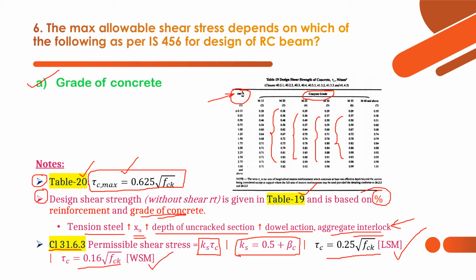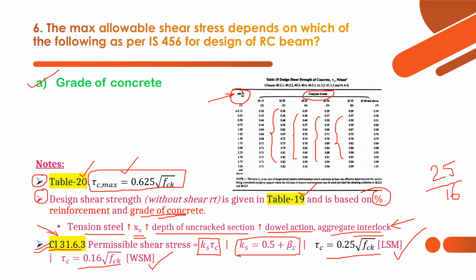So they may ask for the ratio of shear stress for LSM and WSM. What is that? 25 by 16. So 0.25 root fck and 0.16 root fck are related to the permissible shear stress, given in clause number 31.6.3.